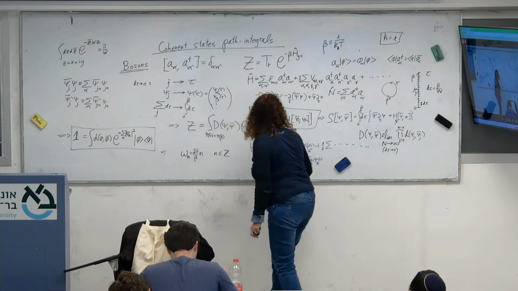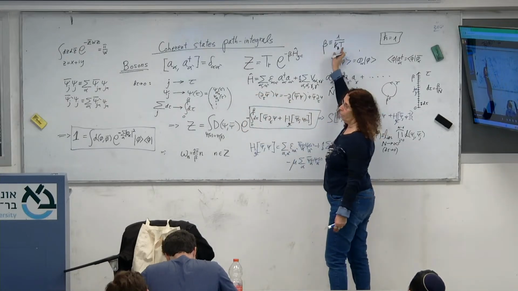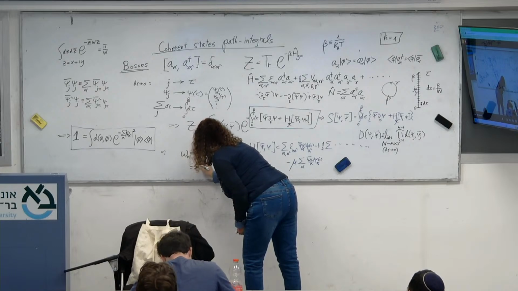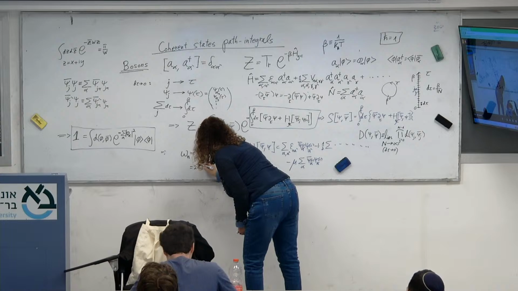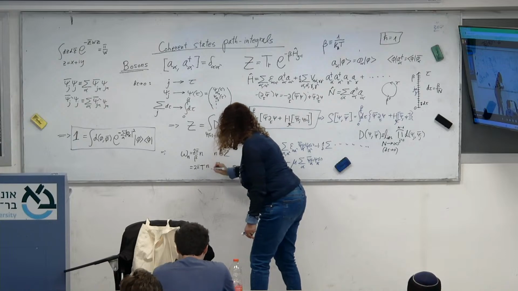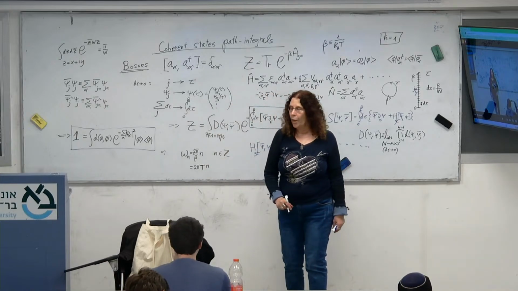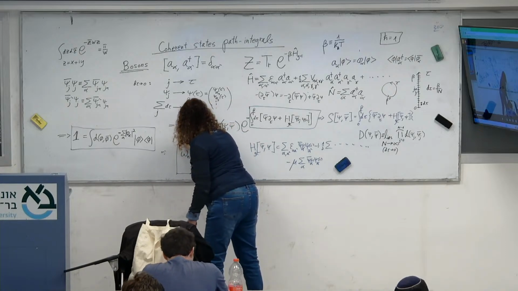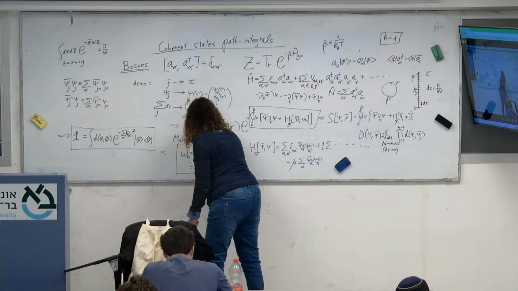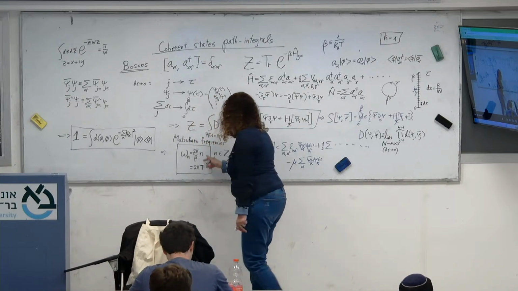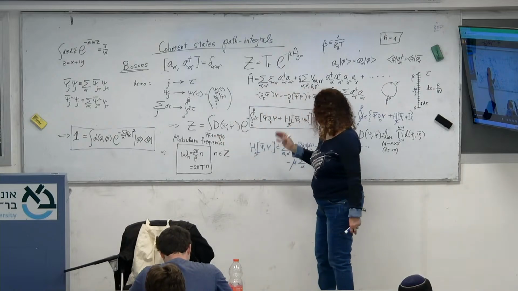Actually, because beta is an inverse temperature, omega is just 2 pi times T, the temperature. This is temperature, not time. Don't be confused. Times an integer. This is called the Matsubara frequency. And we'll do it next week.